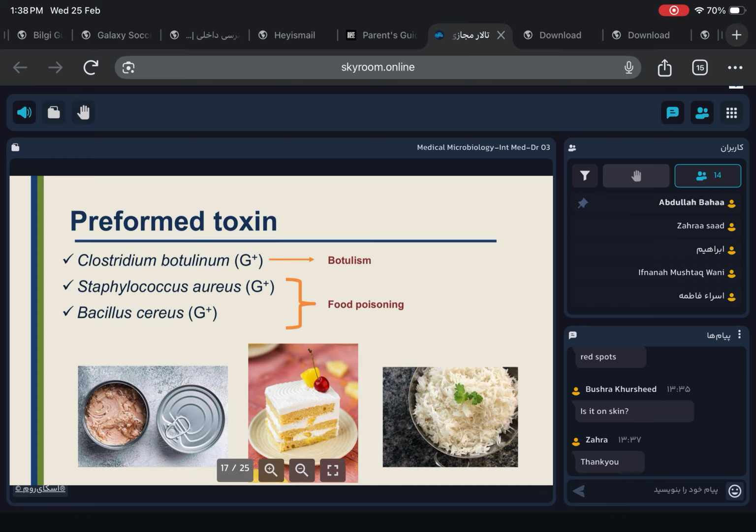Let me type it for you. Sometimes canned food is contaminated with this bacterium. They produce the toxin inside the canned food, and if we consume this contaminated canned food, we develop botulism.